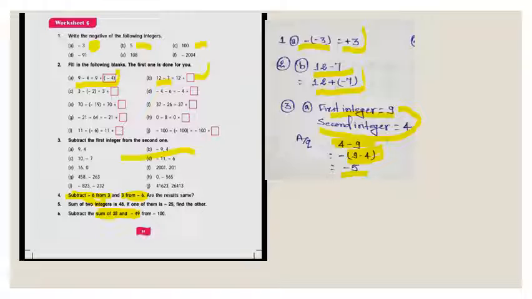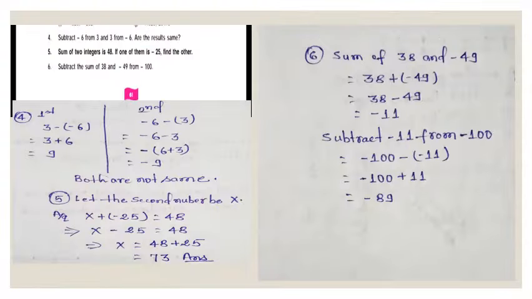Sum of 38 and minus 49 means first you have to find the sum of 38 and minus 49. Then you have to subtract the answer you find from minus 100. After understanding this question, you can solve it easily. Otherwise, with any confusion, you will get the wrong answer. Now, let's check the solutions of 4, 5 and 6.